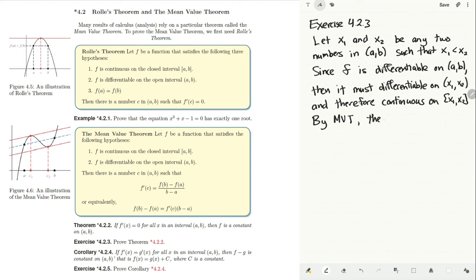So that tells us that there is a c which is between x1 and x2 such that f prime of c is equal to f of x2 minus f of x1 all over x2 minus x1.